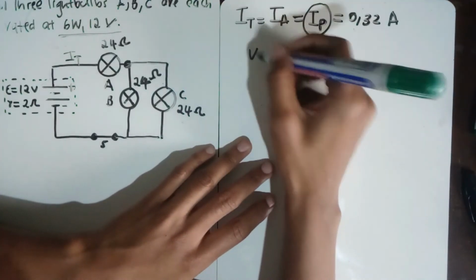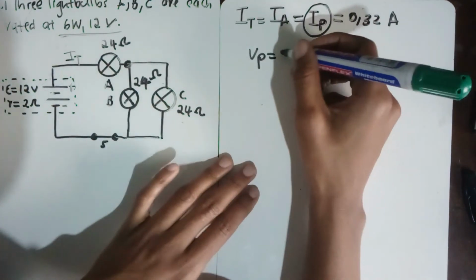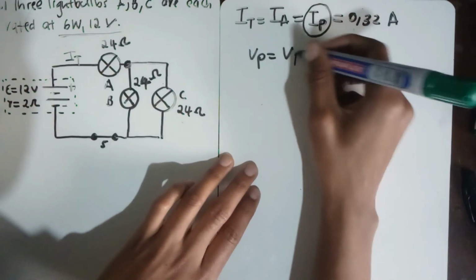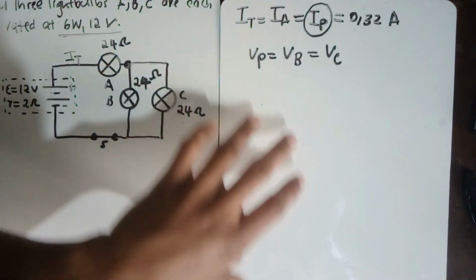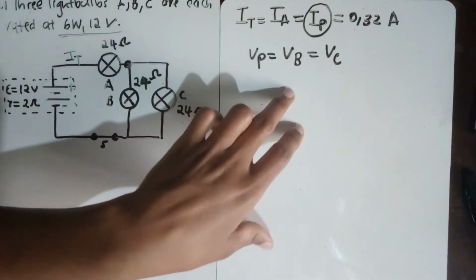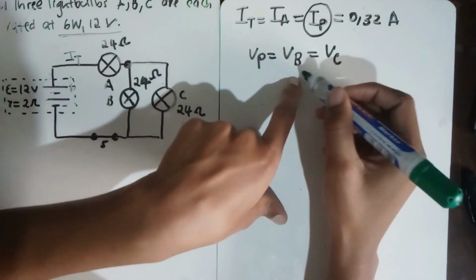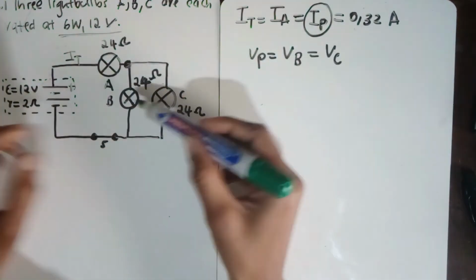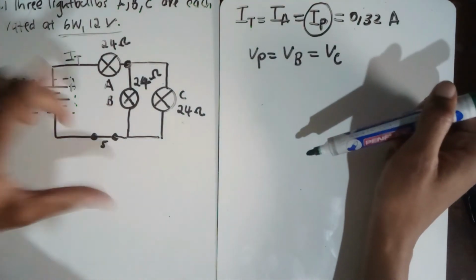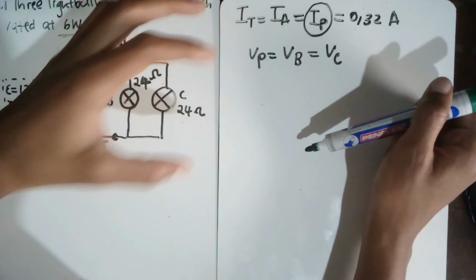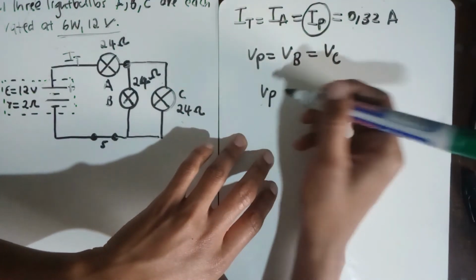It means that VP, the potential difference for this parallel connection, will be the same as the potential difference through B, as well as through C. So VP equals VB, which equals VC. If we were to put a voltmeter here and a voltmeter here, they would all measure the same potential difference. Now, I can calculate VP using Ohm's law.